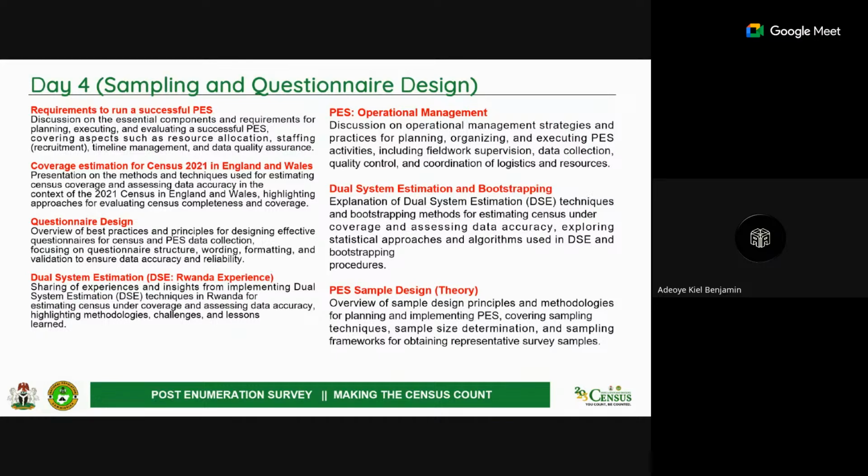So, the sampling and questionnaire design concepts were based on the requirements for a successful PES, coverage estimates for census, for which we were given the model questionnaire for England and Wales, and we saw the model questionnaire in Rwanda. I think there was one thing that was not mentioned by my CDPS and Mr. Joey.